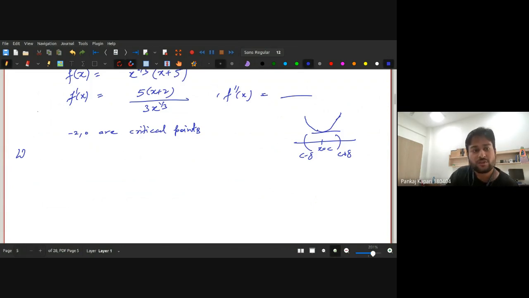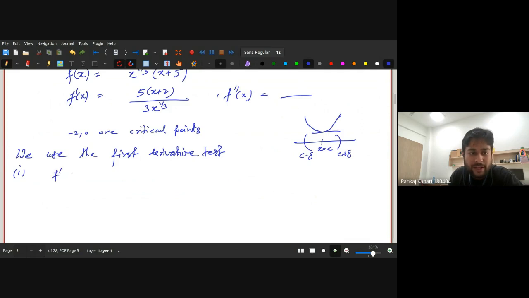So what does the first derivative test say? If your derivative f prime changes its sign from negative to positive, that is, on the left hand side of the critical point it is negative and on the right hand side it is positive.